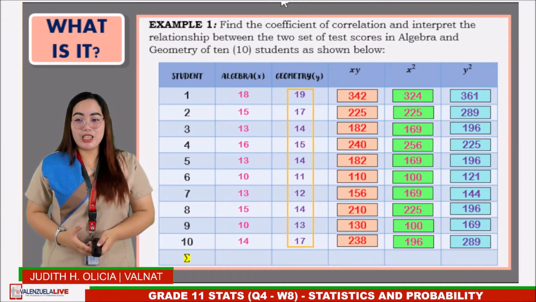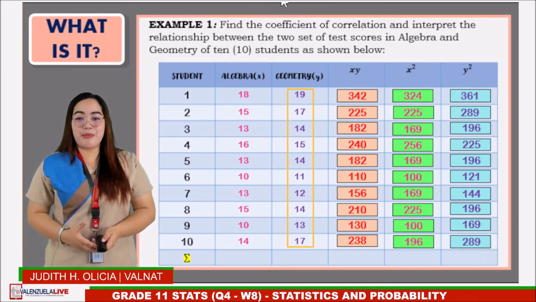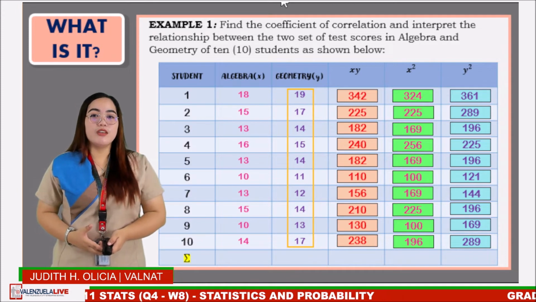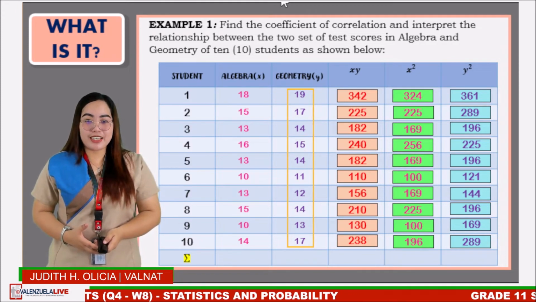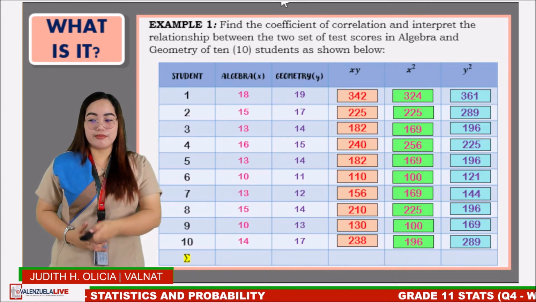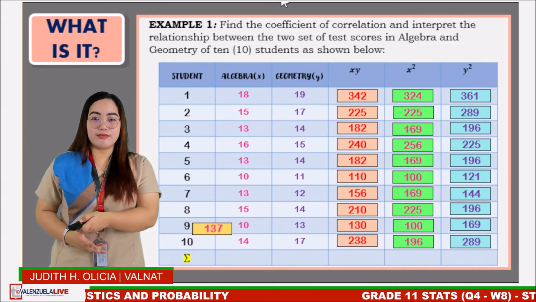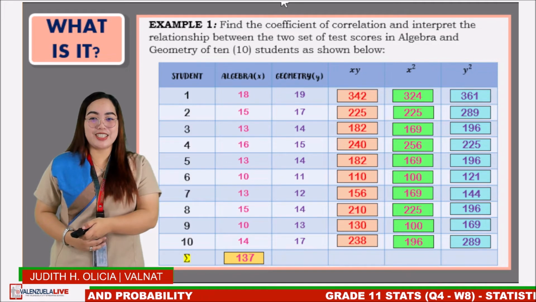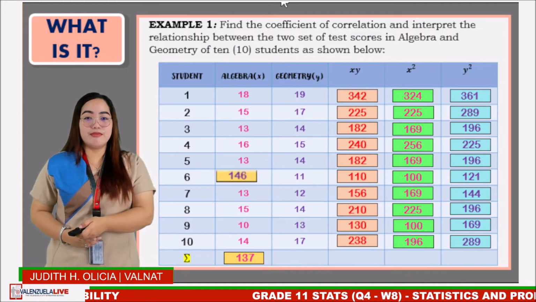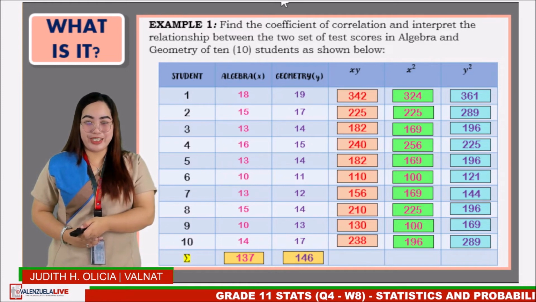The last step is to get the summation of each column. For the summation of X, we have 137. For the summation of Y, we have 146.